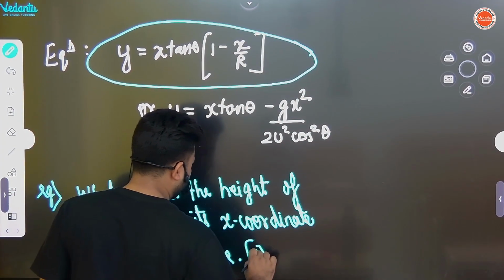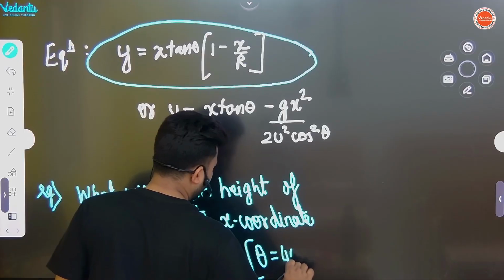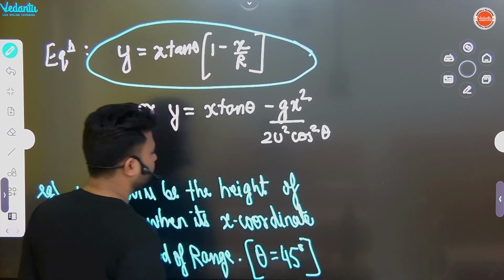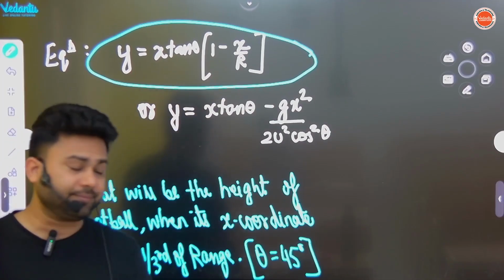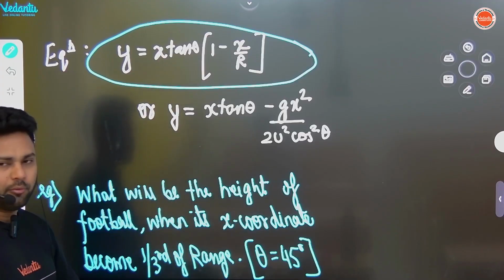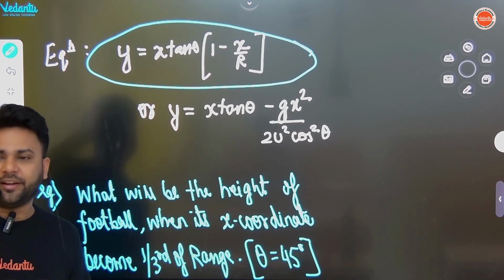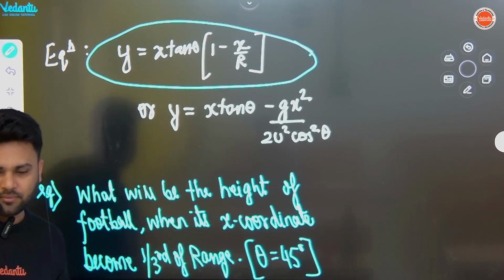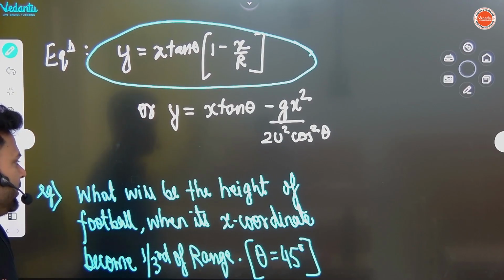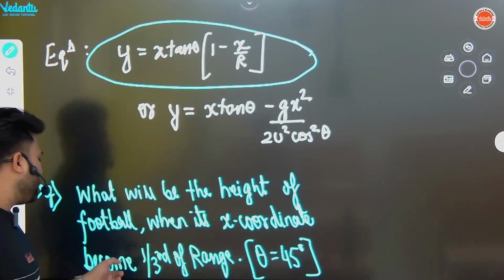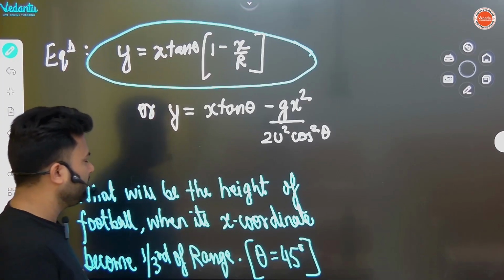Keep theta equal to 45 degrees. This is the question. Height means y coordinate they are asking, and this distance means x coordinate, when it becomes 1/3 of range.